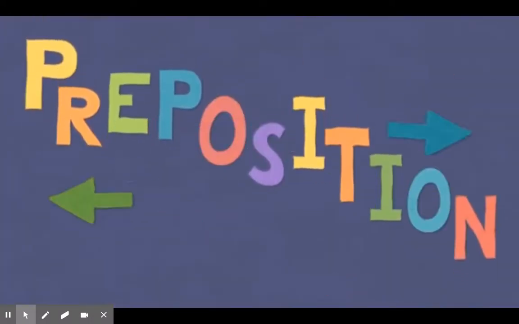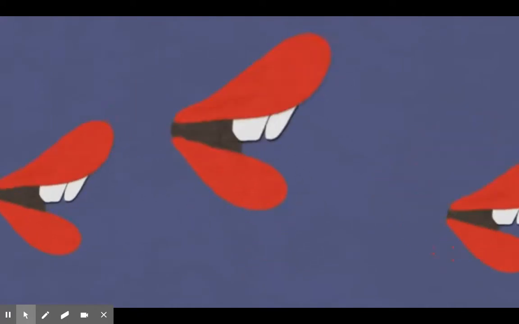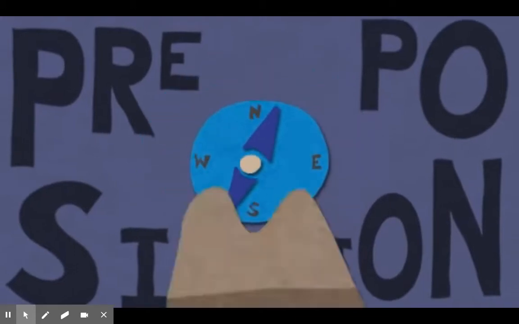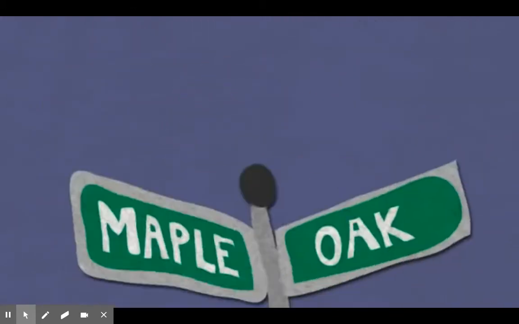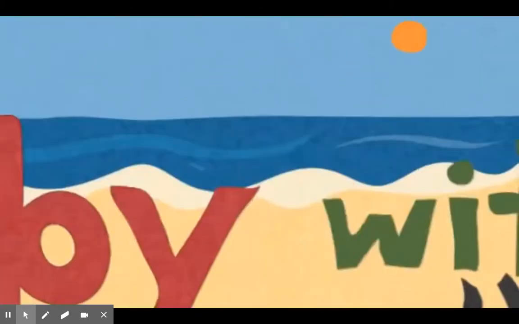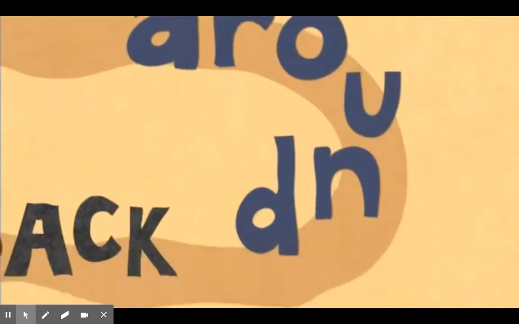Preposition, you're on a mission to tell me exactly my position. Take a walk with me and we'll go by the sea and then along the path that goes around and back.